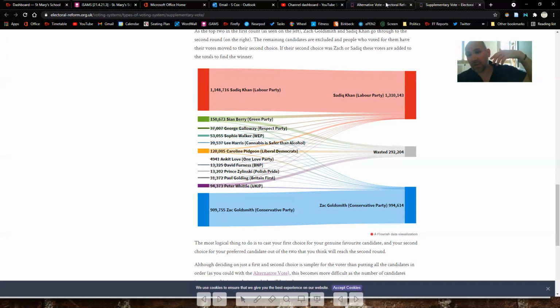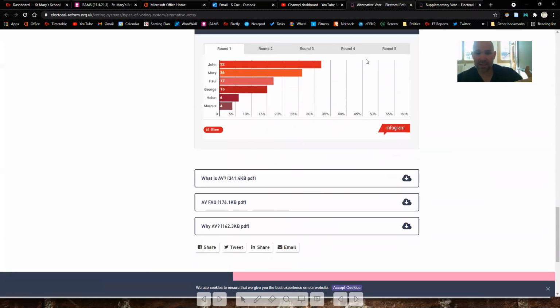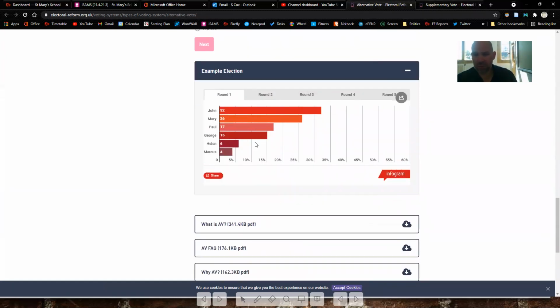The alternative, looking at the AV, the advantage of AV is that as long as you put the candidates in order, at some point your vote will count towards the final result. But there is a counter argument here as well. We live in a democracy where it's one person, one vote, and the idea is that everyone's vote is equal.